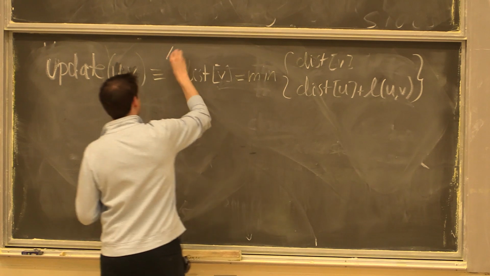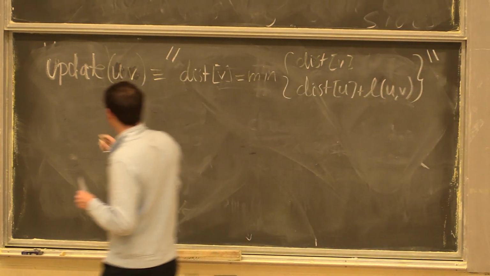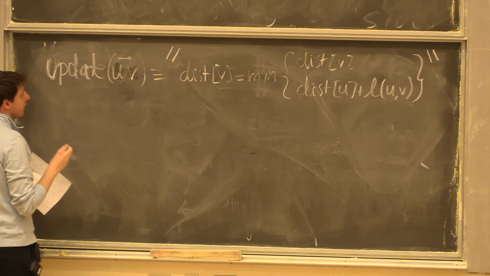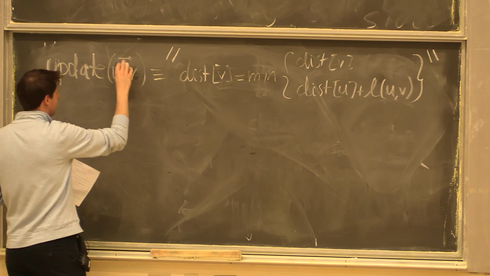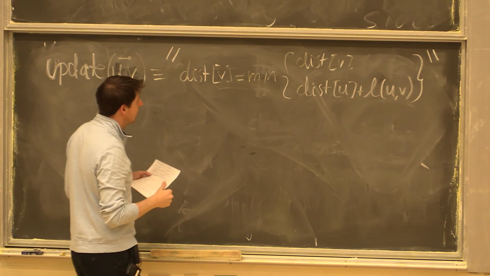Okay, so I'm just putting down a macro, that says whenever I say update the edge uv, right? There's a direction here. It's not a symmetric thing. I'm looking at a specific edge. This is what you're doing.